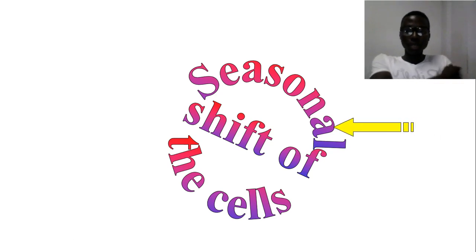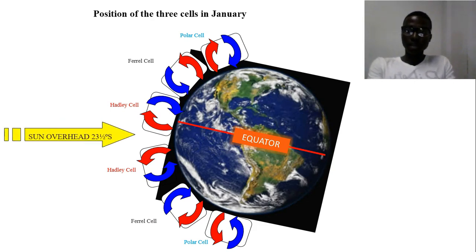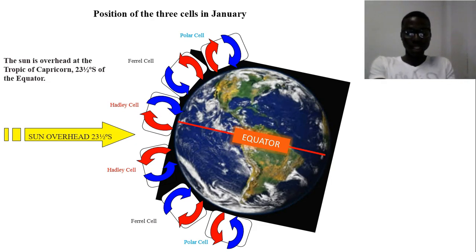Now let us look at the seasonal shift of cells. In January, the position of cells is in the southern hemisphere because the sun is overhead at 23.5 degrees south, at an imaginary line known as the Tropic of Capricorn.